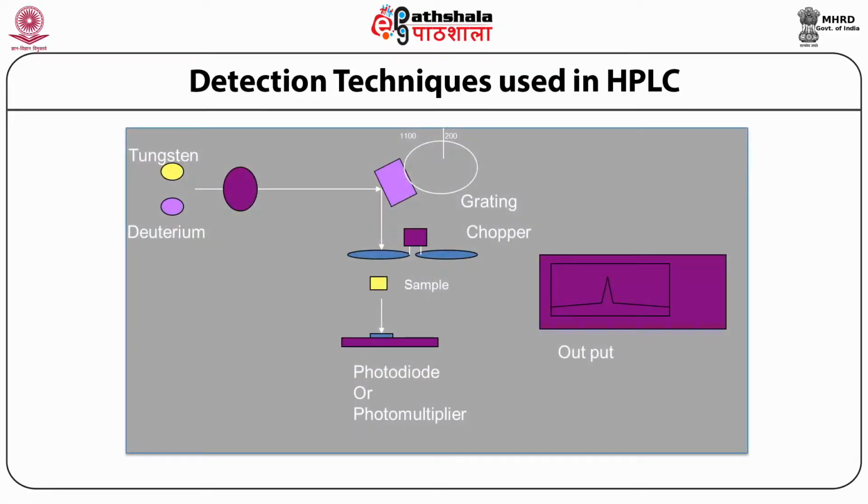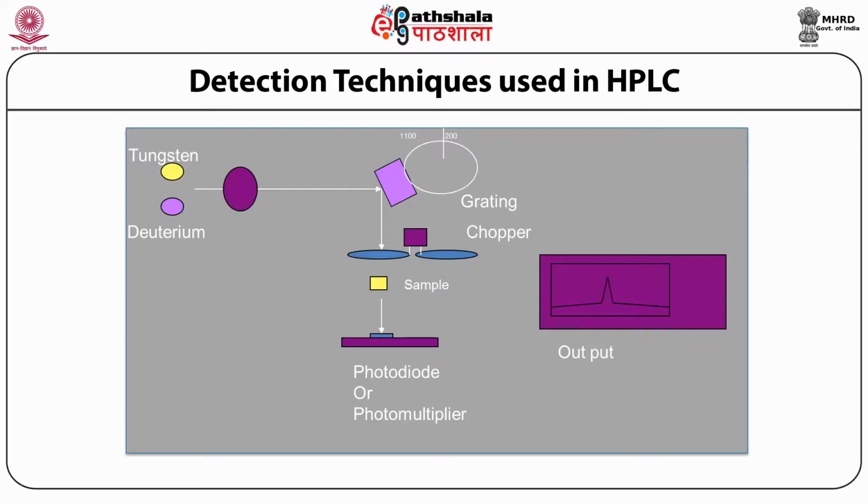What you see here is the schematic representation of a UV detector, in which I have tried to simplify the diagram. We have two lamps: a tungsten lamp gives wavelengths between 380 to 750 nanometers, whereas deuterium gives UV from 190 to 400 nanometers.